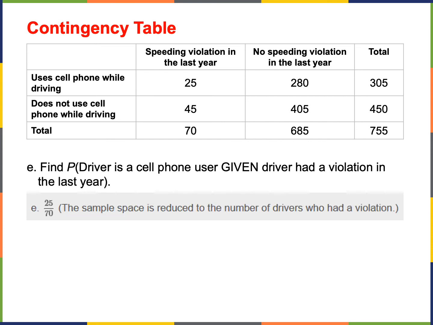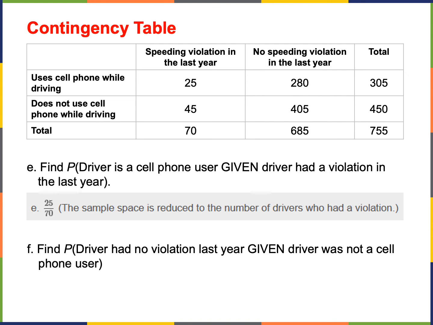Remember, the given reduces the sample space. So if we know that the driver had a violation, we're talking about this set of 70 people, and out of that many, 25 of them had a cell phone. So that's 25 over 70. Remember, conditional reduces your sample space.